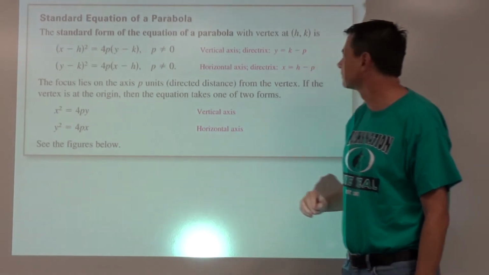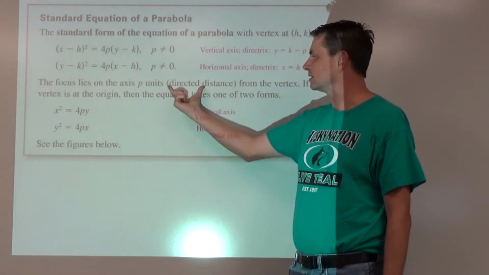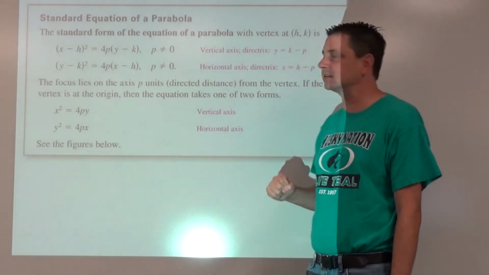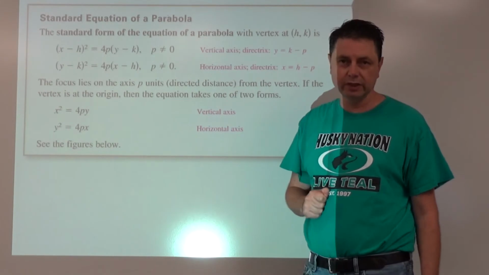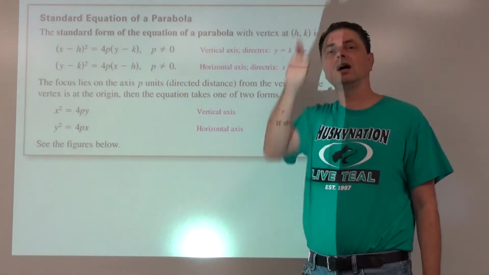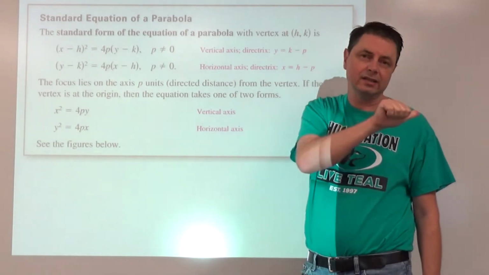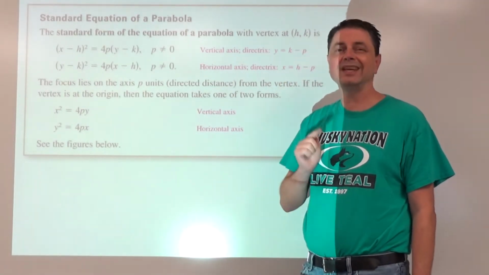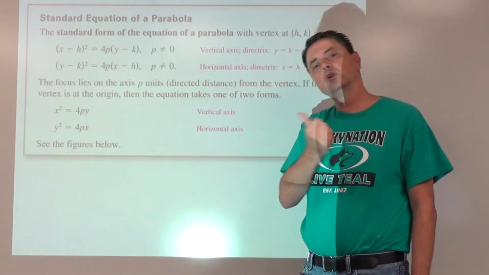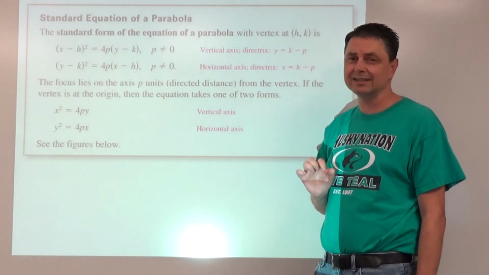Okay. P is a directed distance from the vertex to the focus. If you go up, P is positive. If you go right, P is positive. If you go down, P is negative. If you go left, P is negative. So it's a directed distance.